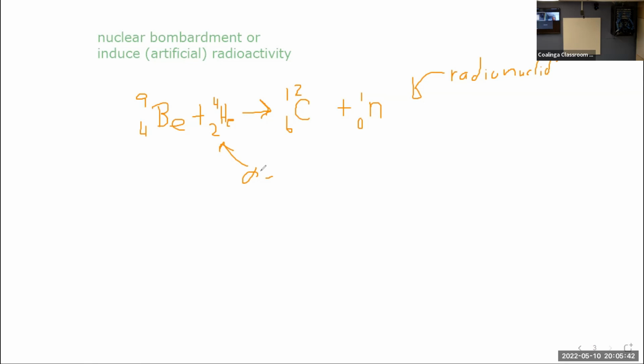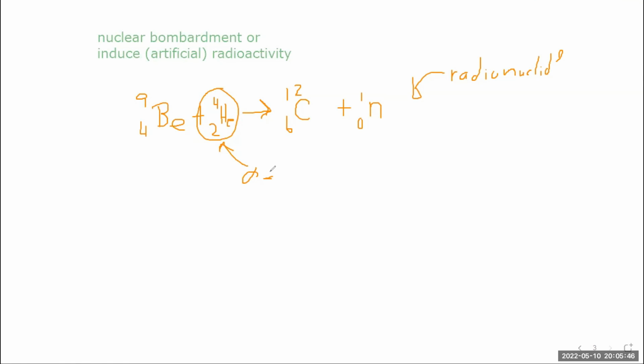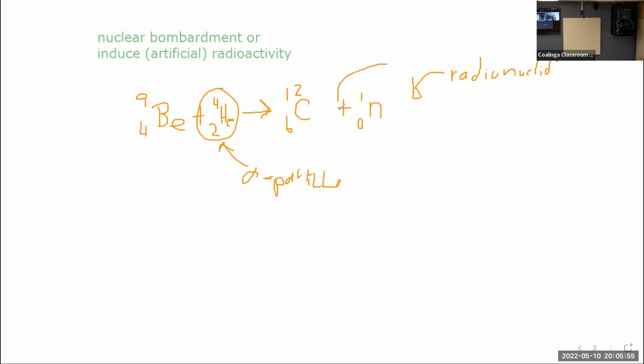Okay, so this is an alpha particle right here. This here is the radionuclide. So in other words, it's just a neutron that's being released.